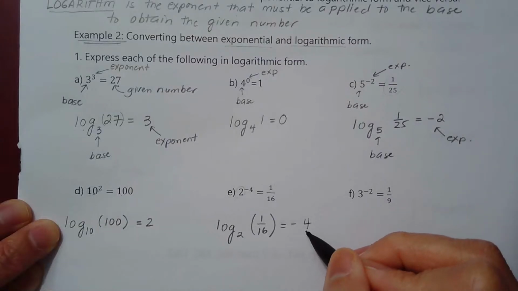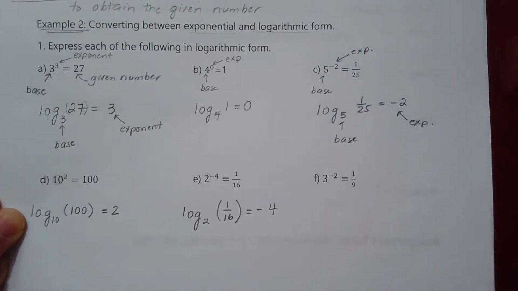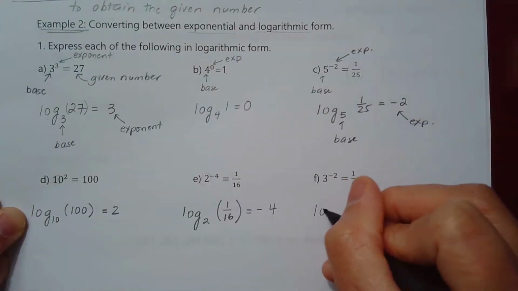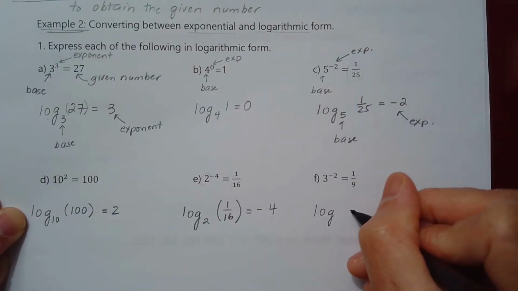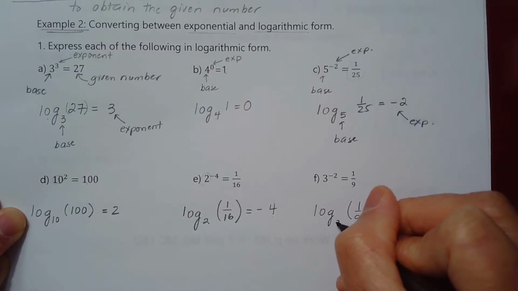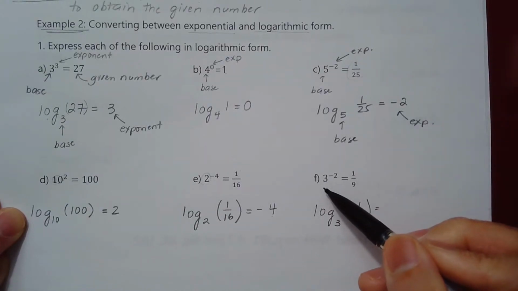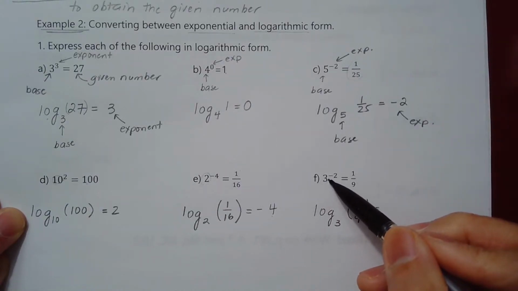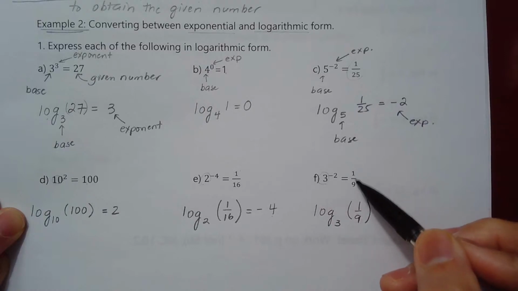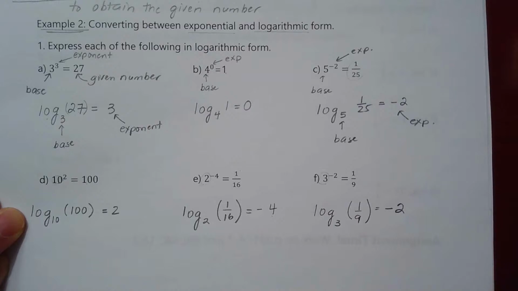And the answer is -4. And then last but not the least, log of 1/9 base 3. Okay, so what exponent do I need to raise 3 to get 1/9? The answer is -2.